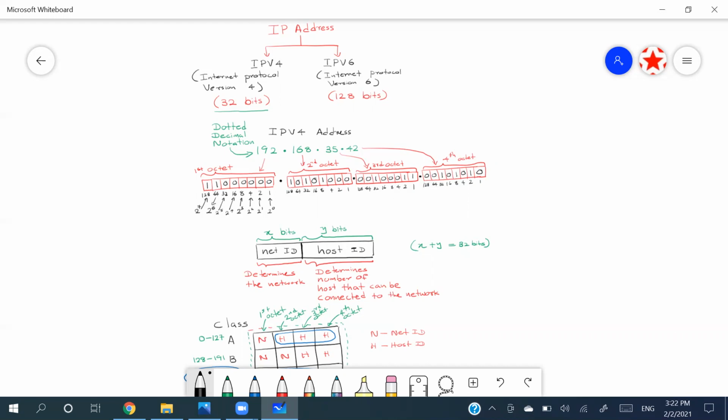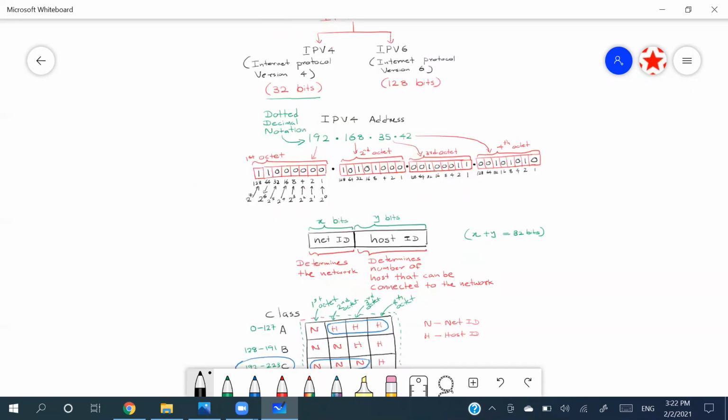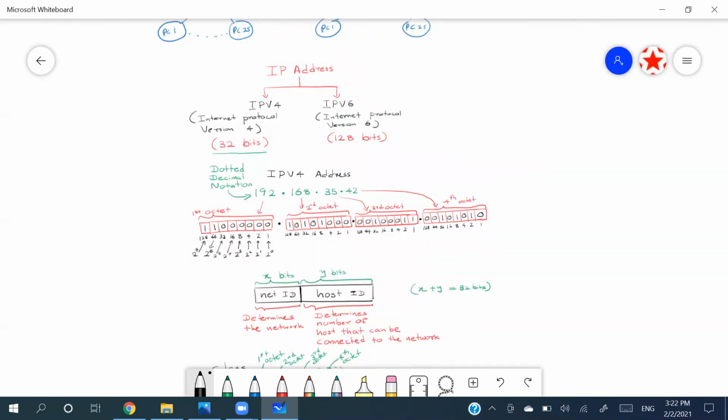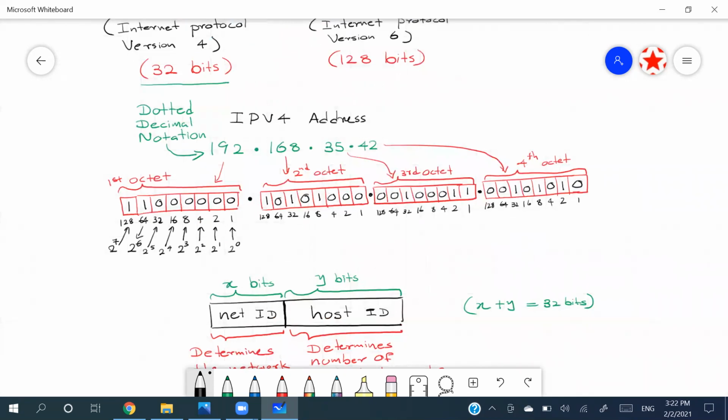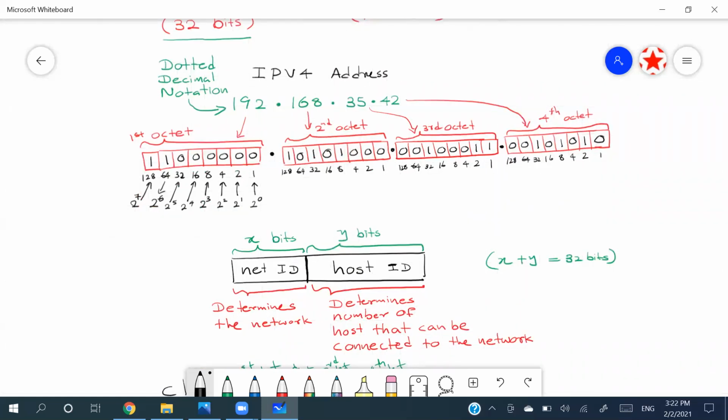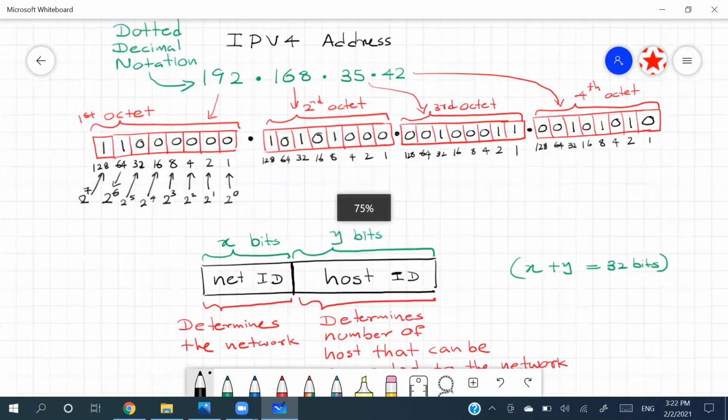Right. This is what we talked about last time. So there are two categories, which are IPv4 and IPv6. And IPv4 contains 32 bits inside and IPv6 contains 128. So after that we were talking about the IPv4 address. We are not concentrating on IPv6.